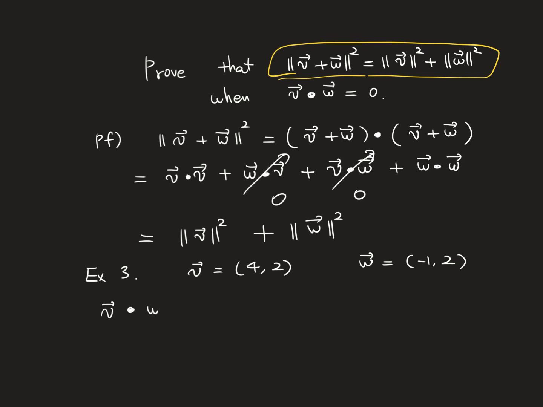V dot W is equal to 4 times -1 plus 2 times 2. So this is 0, so we can say V and W are orthogonal. So I'm going to write it this way. This symbol is used for orthogonal.